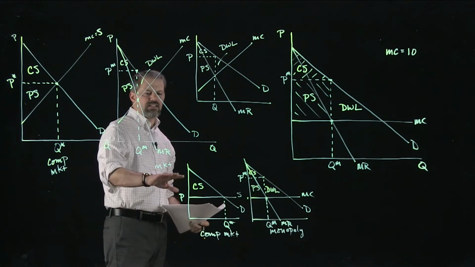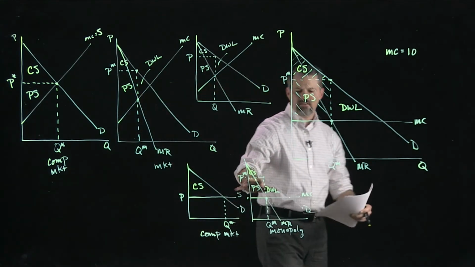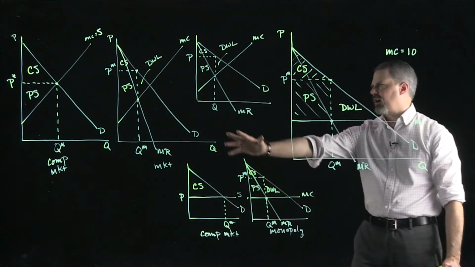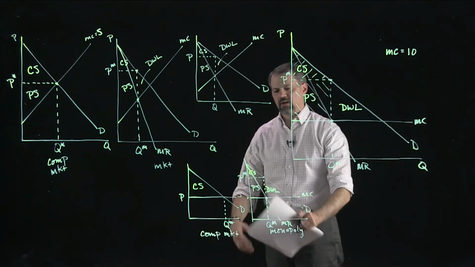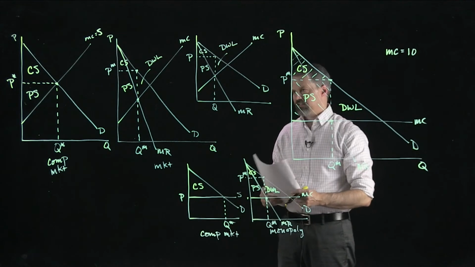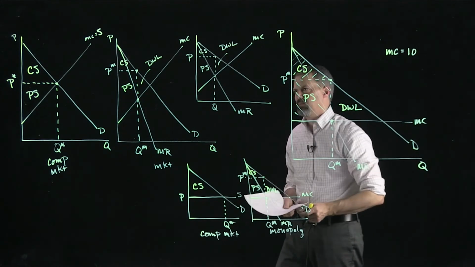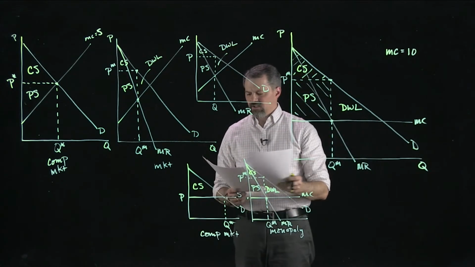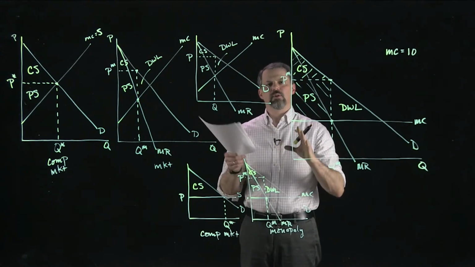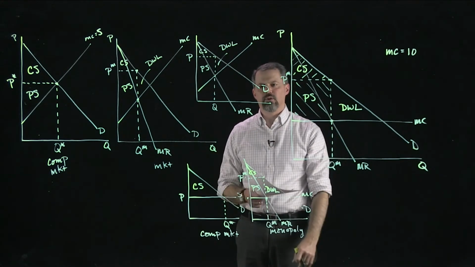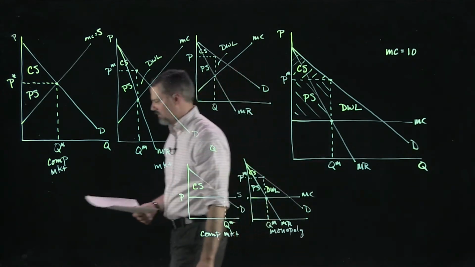So you can see that the areas look a little bit different when we've got a constant marginal cost than when we've got an upward sloping marginal cost, but everything is still pretty much working the same way. What we want to do now is clear this off, and then we'll finish up by talking about some government regulation in regards to the deadweight loss of monopoly.